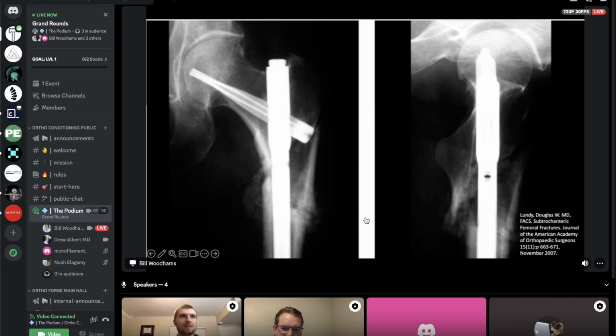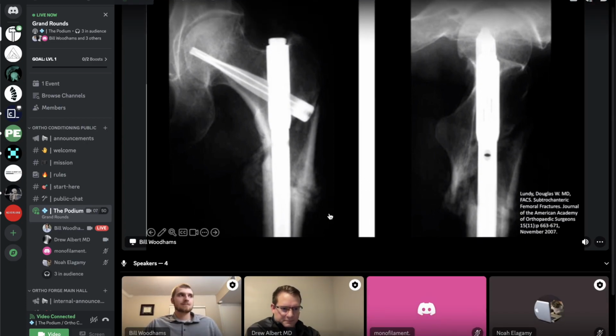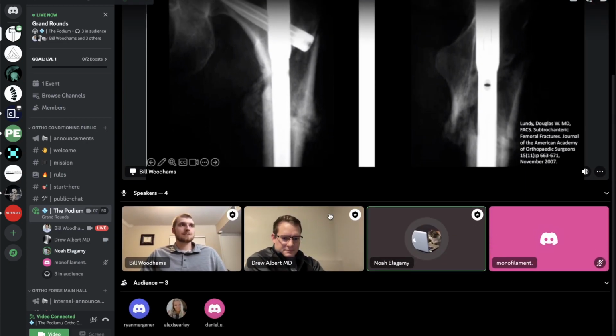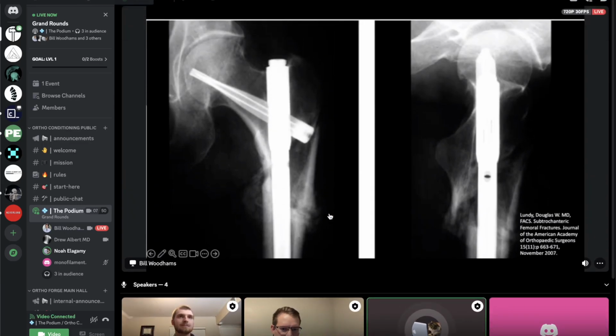Does anyone want to give reading this radiograph a shot? This is the same patient, just postoperative. Yeah, so it looks like they fixed it with a cephalomedullary nail.